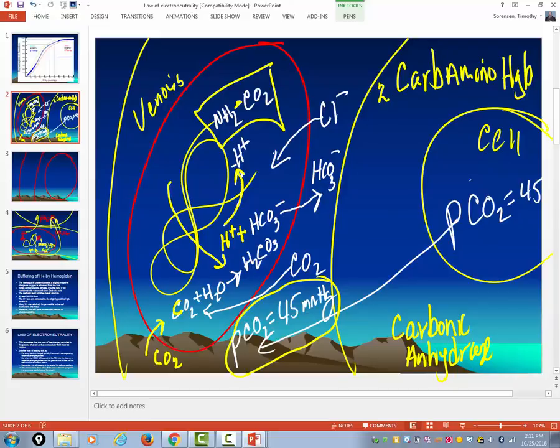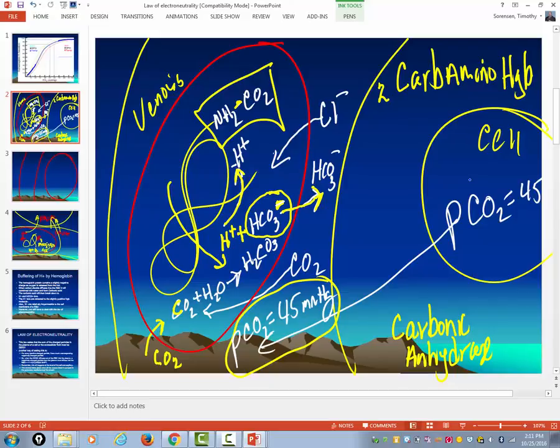Now, what you have to do is deal with this free bicarbonate. Bicarbonate is readily diffusible through the red blood cell membrane. And as you can see, there's a negative charge to that bicarbonate.